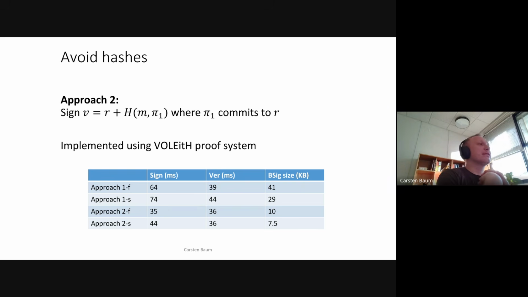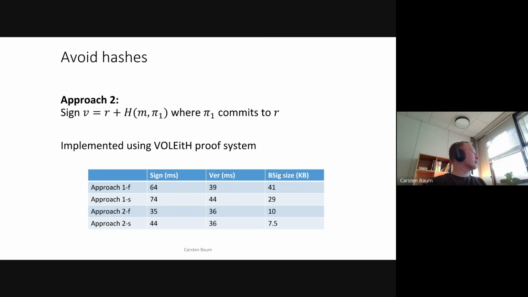We implemented this, and we got a blind signature scheme. If you really take Fischlin's approach and rebuild it in VOLE-in-the-head with Mayo, which is also currently in submission as an additional post-quantum signature, you get down to sign and verify times of way below 100 milliseconds and a blind signature size of 30 to 40 kilobytes.